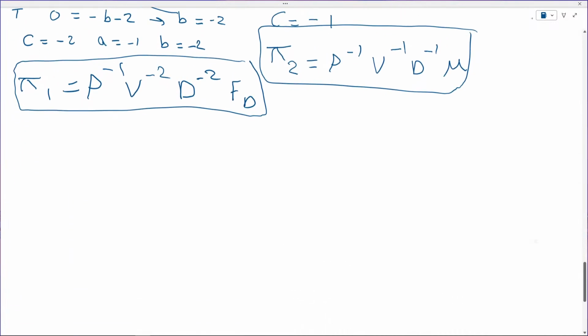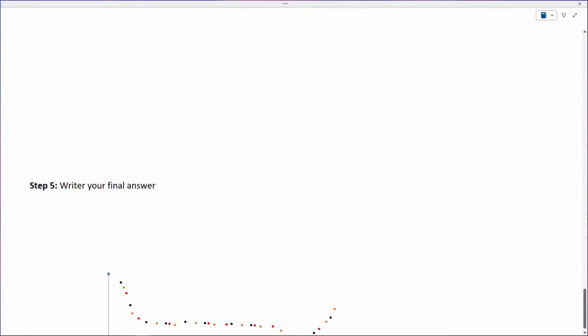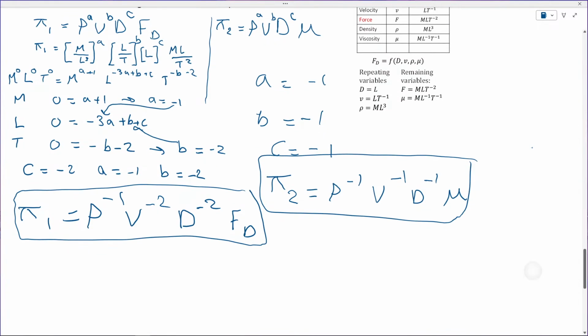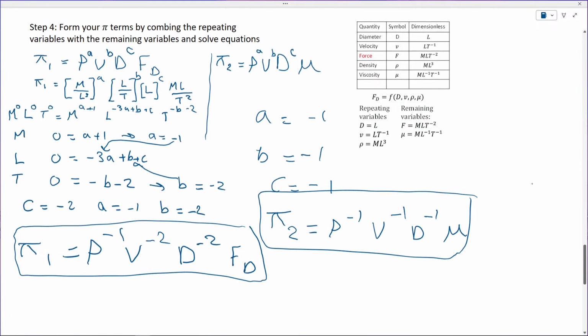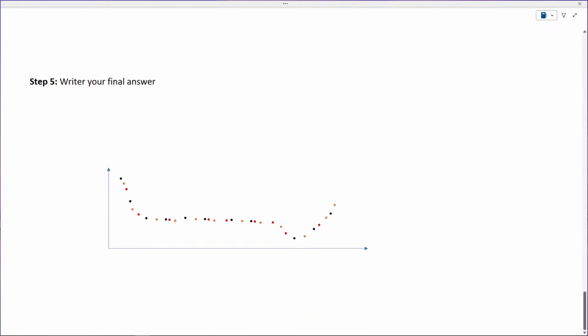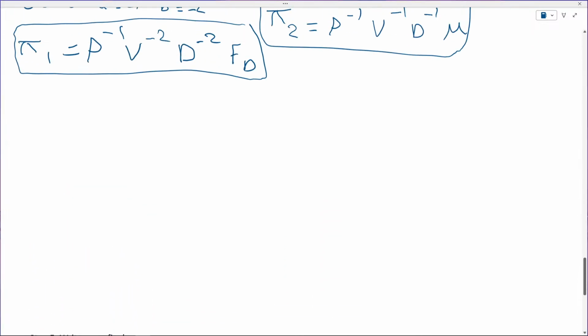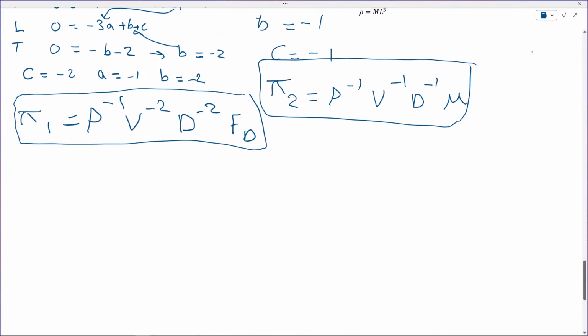So now this step here is you just find your pi terms, and once you find your pi terms, you can basically get your final answer. And what is your final answer here? Let's just look at this. Let's make this look a little more beautiful than what it is.